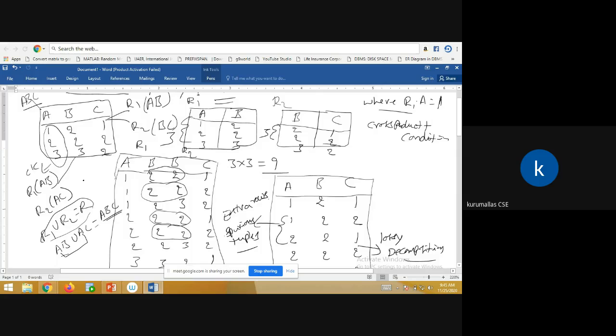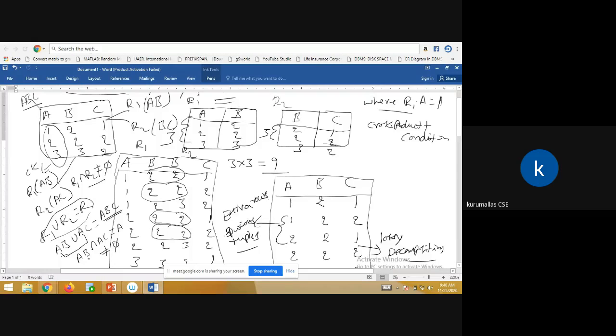Right. So here R1 intersection R2 should not equal the empty set. If you observe here, AB intersection AC, the common value is A, so it satisfies this condition; it is not empty. This should also be satisfied while converting into a lossless decomposition.